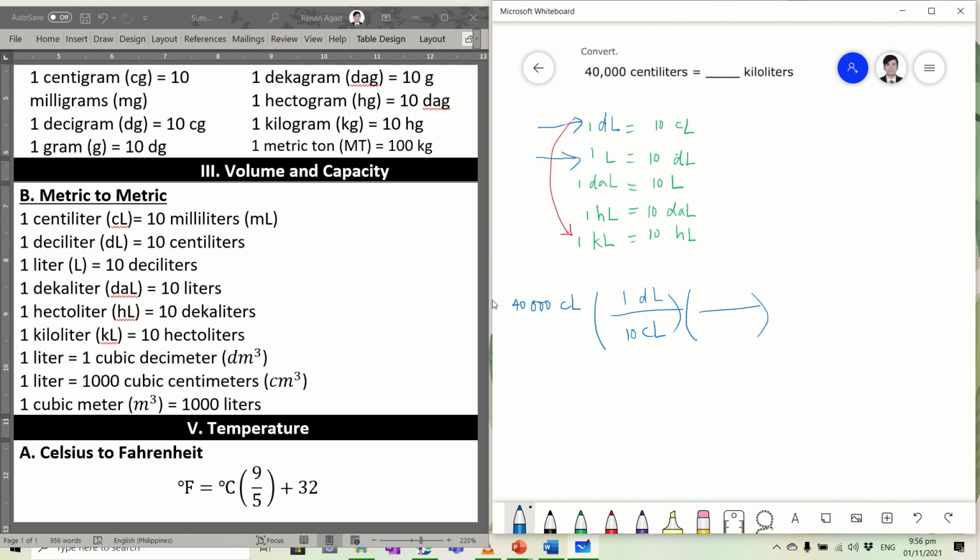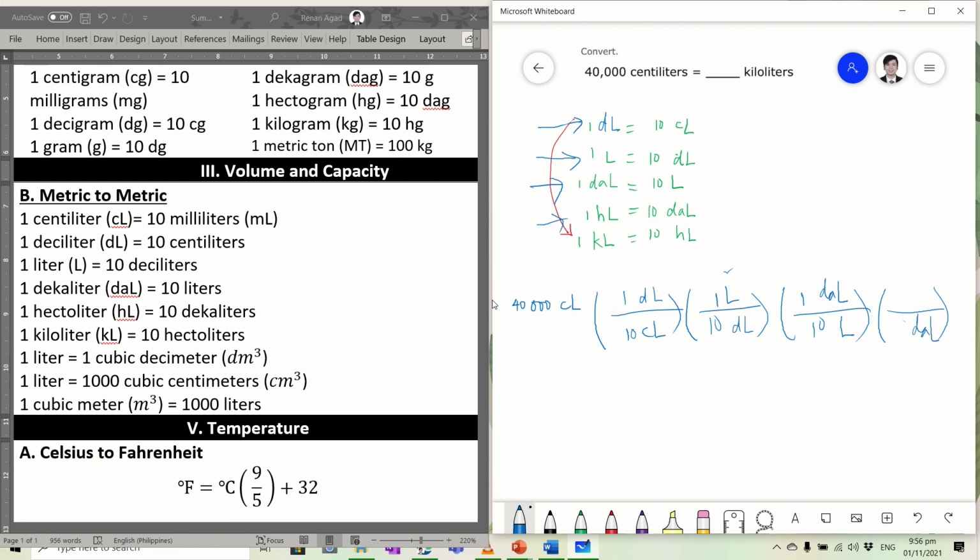DL is on top. For this, we have to put DL in the denominator. And then, that's 1 liter. Then, we proceed to the third one. We put the L in the denominator. That's 10 liters, then 1 decaliter. So, we proceed to the fourth one.